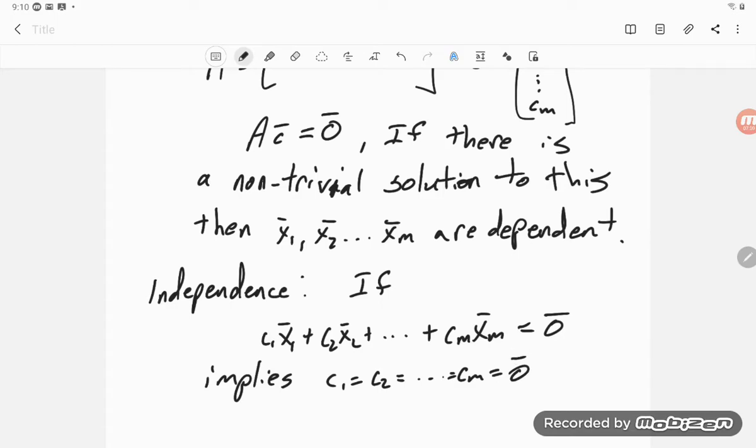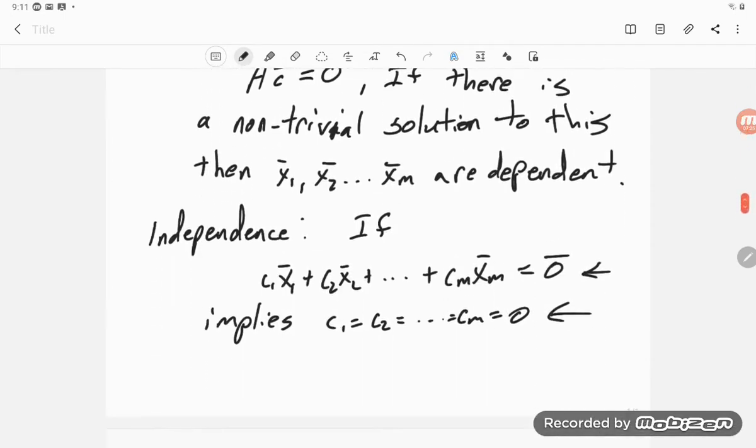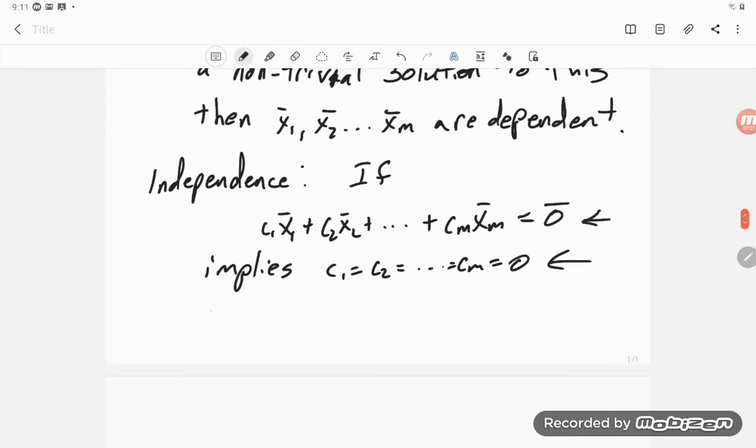Oops, not a vector 0, just 0. If this being true implies that all those coefficients are 0, then the xi are independent, or linearly independent.